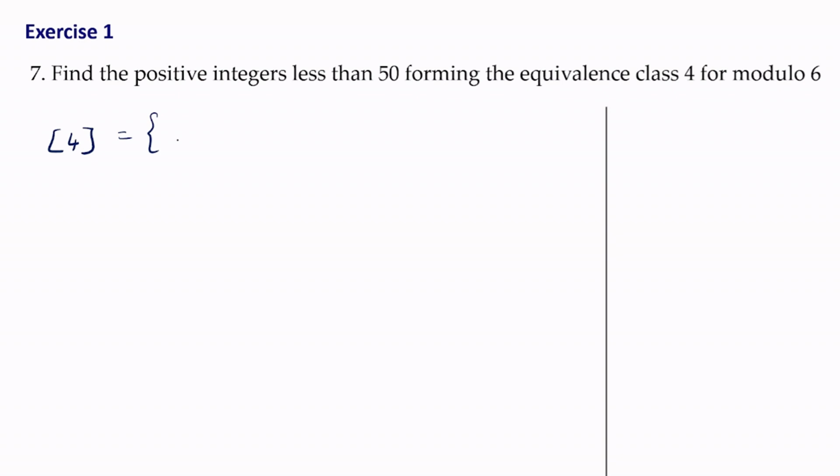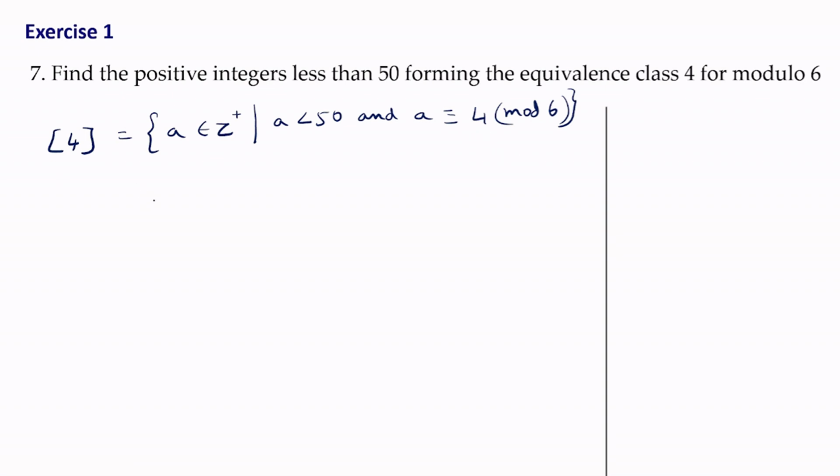So equivalence class of 4 is the set of all a belonging to the set of positive integers such that a less than 50 and a congruent to 4 mod 6. So this is nothing but all those numbers which are less than 50 and which when divided by 6 will give the remainder as 4.